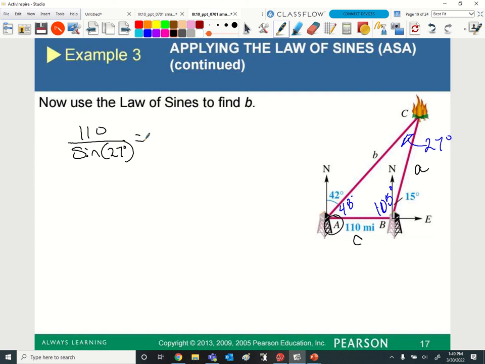So now we're looking for b. My variable is little b over sine of 105, because if I'm solving for little b, I need to use capital B, right? So B and B. Then cross products, and after you're done cross multiplying, solve for it.